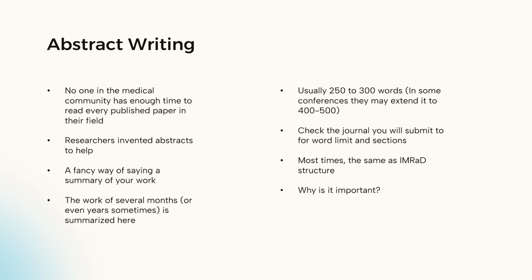So why is it important? There are so many reasons why the abstract is important. One of them is that you will use it to find journals, and it will be used to screen your work when you submit for a conference. When you are done with your research project and you have a manuscript ready, and you submit to a conference or a research forum where you want to present your article, they do not look into your entire paper, for example 10 to 20 pages.